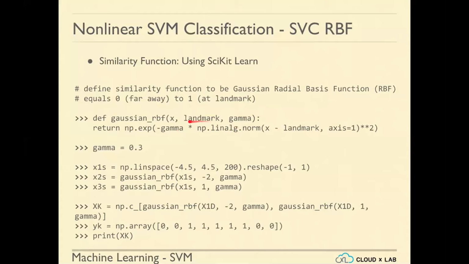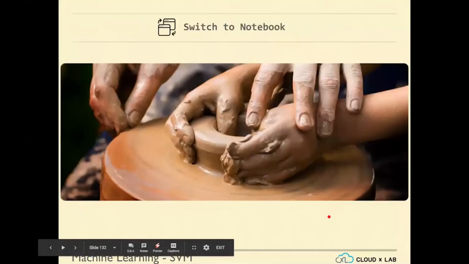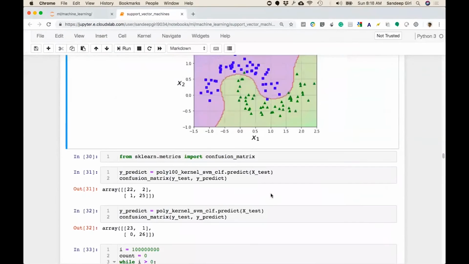Whatever landmark and data point you give, it'll return the new value. This is how it looks, and we can observe the differences after changing the values. Now the same data which was at 0, 1, 2, 3 looks very much manageable. Let me just show you here.